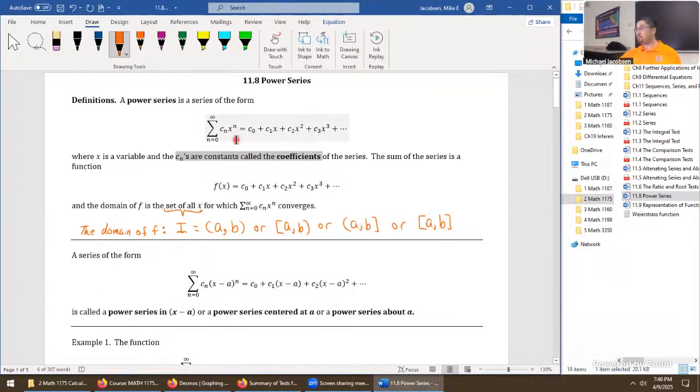If there are large numbers, we might not converge on a large set. We might converge on just one number. But if we had something like maybe divide by 1 factorial, divide by 2 factorial, divide by 3 factorial, convergence is almost a guarantee. And the interval I might be the entire real number line.